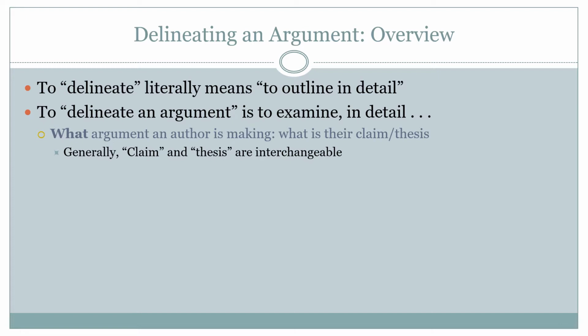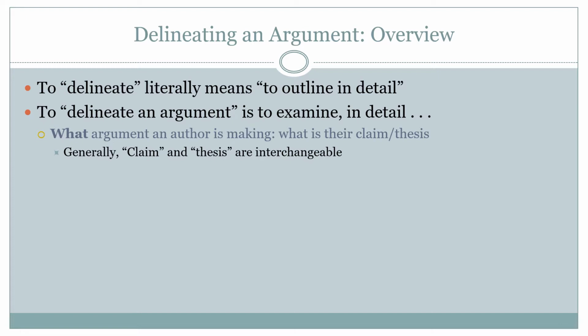What's their thesis? Generally speaking, claim and thesis are going to be pretty interchangeable. There are some subtle differences that you may run into as you progress through 10th, 11th, 12th grade. For our purposes, we can just say that claim and thesis are basically identical. Anytime you see claim, you can read thesis and vice versa. So don't worry about that.